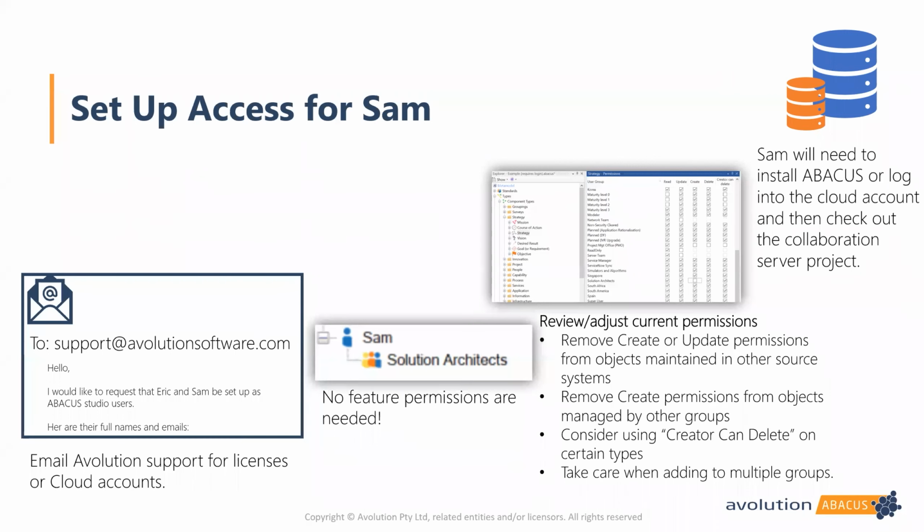Sorry, I misspoke. So we can remove create permissions so that he still has update permissions to be able to update certain properties, but he's not going to be able to create new elements and confuse things with that source data.